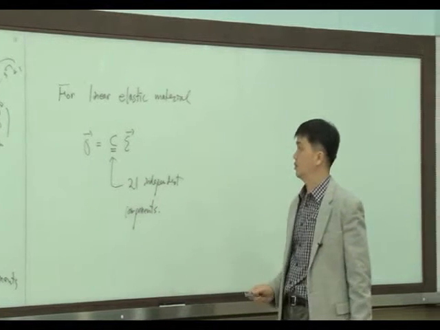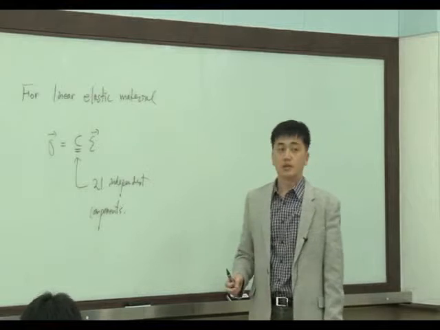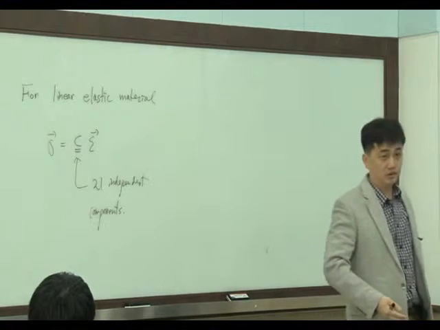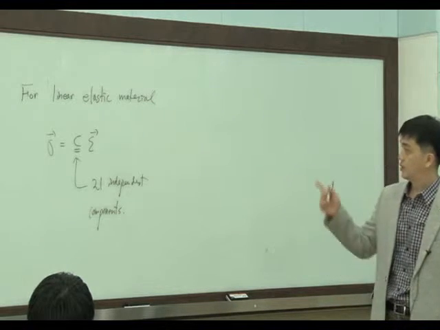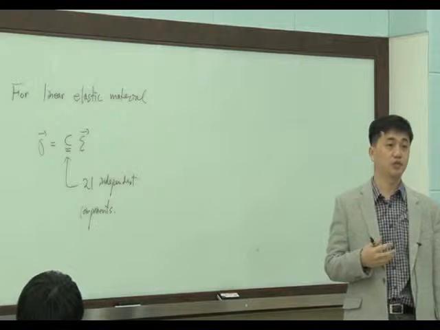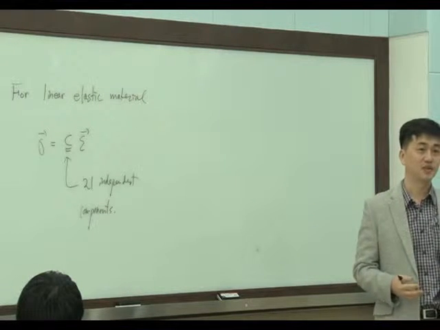So once you have a linear elastic material, the material matrix has 21 independent components.